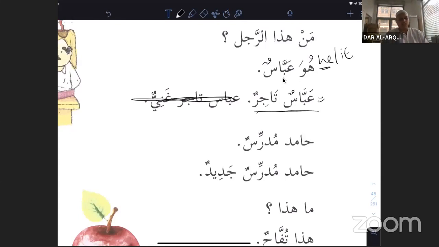But we learned about adjectives today. So why do we not say merchant Abbas, in a descriptive context? Why don't we treat it as Na'at and Man'ud? Why are we treating it as Abbas is a trader?